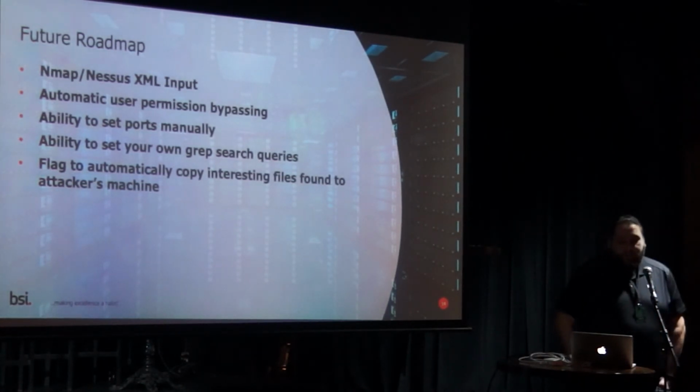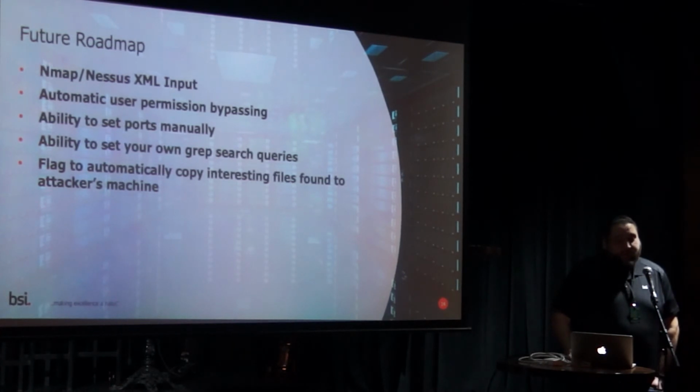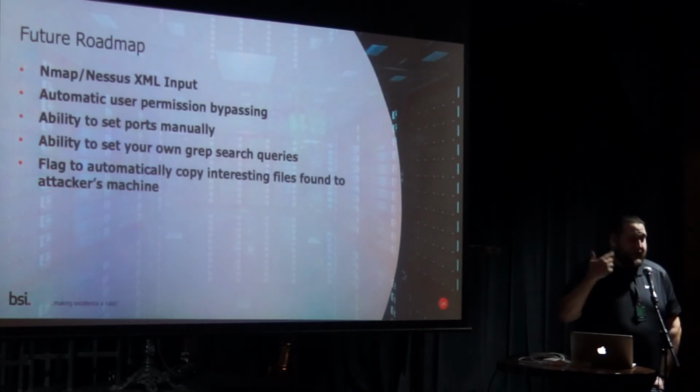I also want to automatically copy the flagged interesting files, or have a flag to change that so it can pull those down automatically. Because I can leave all the shares open, I have a flag for that, so you can not unmount everything. But if you're scanning like 1,000 NFS shares on the internet or something, you probably don't want 1,000 active connections on your box, or you're going to have a problem. So it'd be nice to copy the data down and then close the share back out.